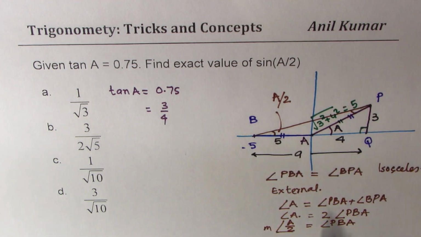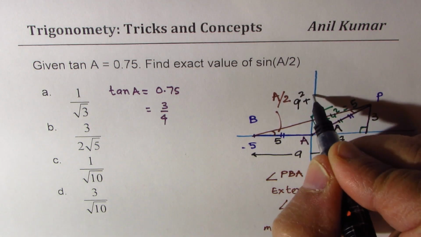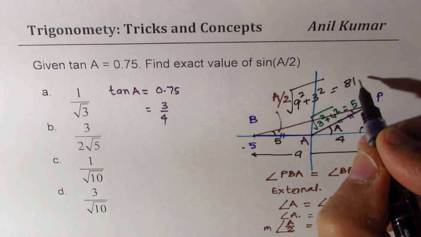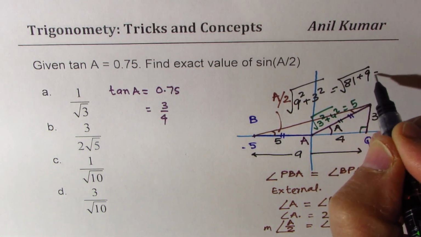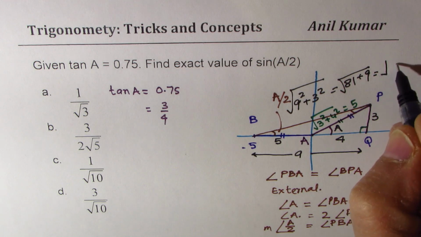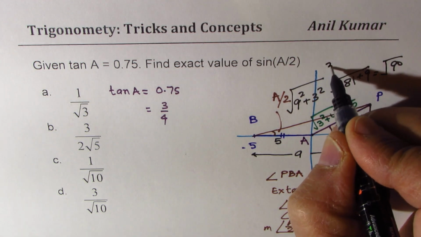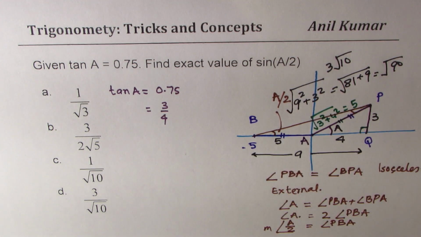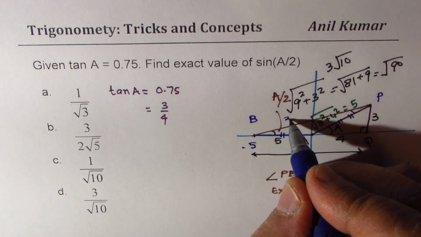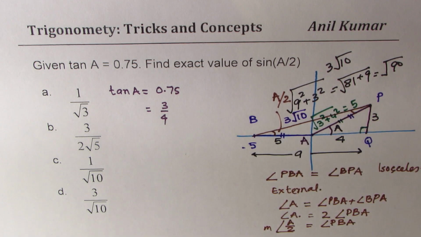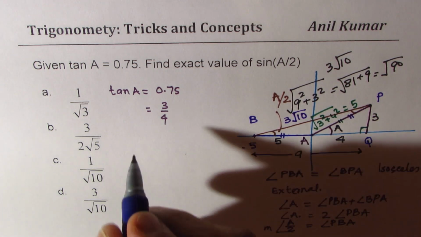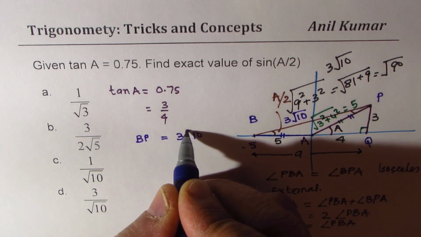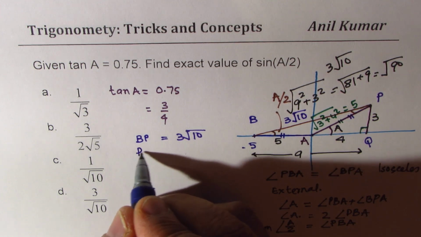So now BP is going to be the square root of 9 squared plus 3 squared, which is the square root of 81 plus 9, which is the square root of 90, which is 3 square root 10. Do you see that? Now we know that BP equals 3 square root 10, and we know PQ is 3.